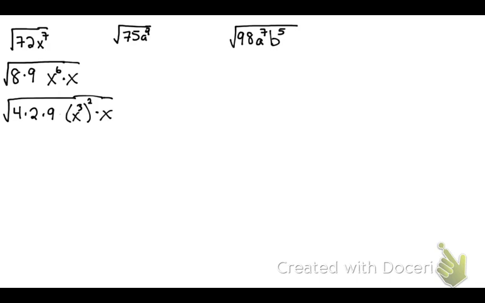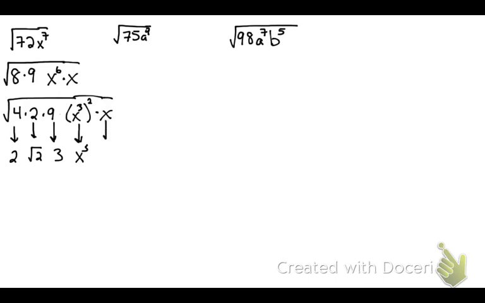So now let's deal with the square roots. I'm going to do things one part at a time. The square root of 4 is 2. The square root of 2, well, that's just the square root of 2. The square root of 9 is 3. The square root of x cubed squared is just x cubed.